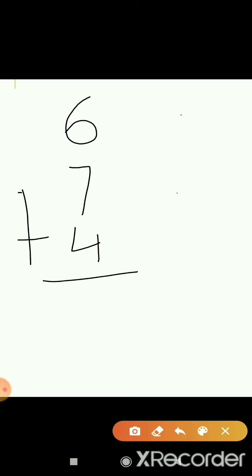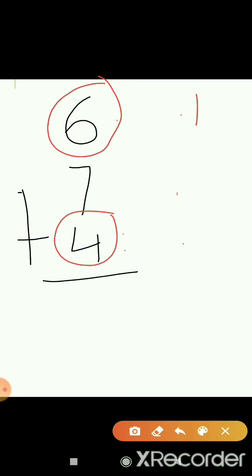Do 6 and 7 make a 10? No. Do 7 and 4 make a 10? No. Do 6 and 4 make a 10? Yes. So the numbers which make 10 are 6 and 4. So 6 and 4 make a 10.